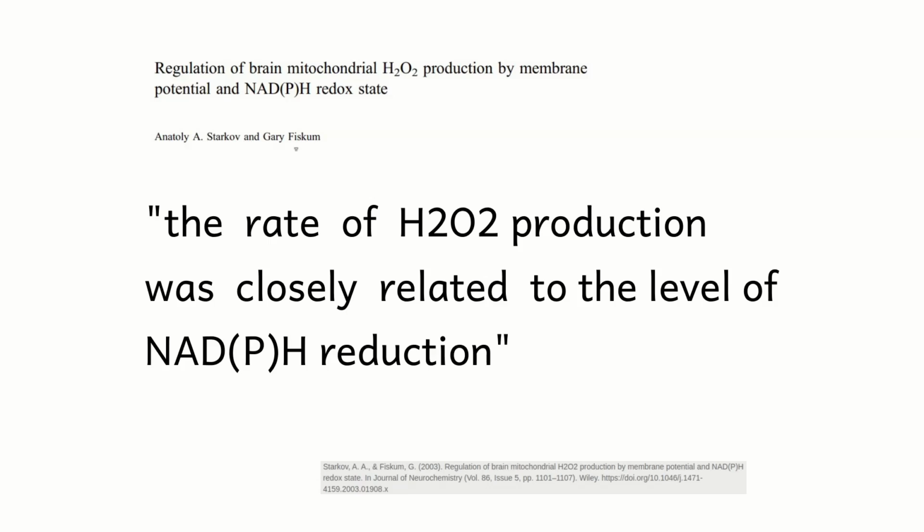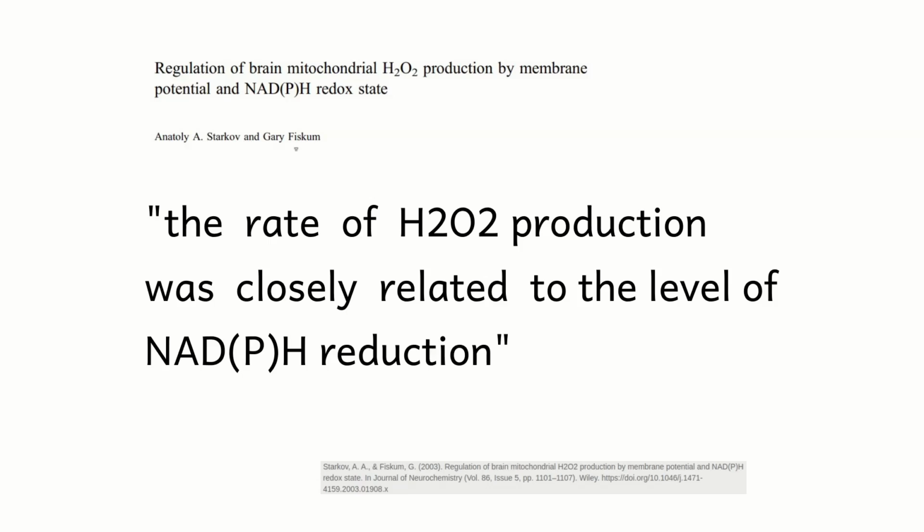This is an article about mitochondrial dynamics and superoxide production, and they do a bunch of experiments, and they conclude that the rate of hydrogen peroxide production was closely related to the level of NADH and NADPH reduction.